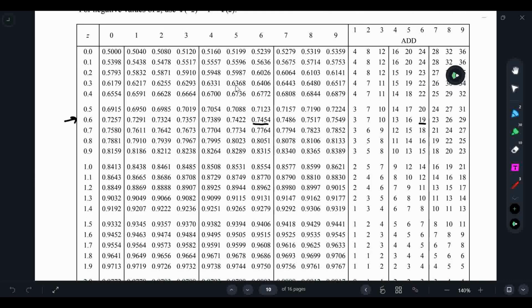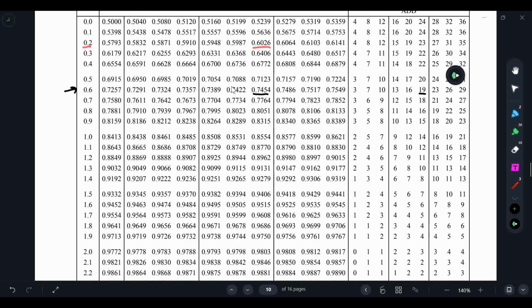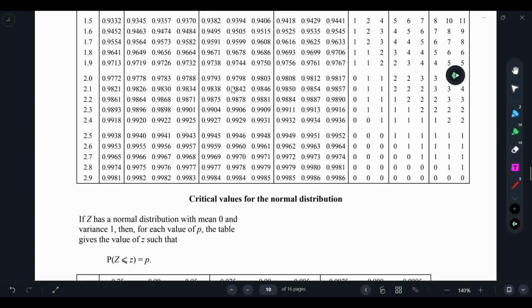Okay, now we have to see the reverse thing, that 0.26. So from here we have to see where it will be.